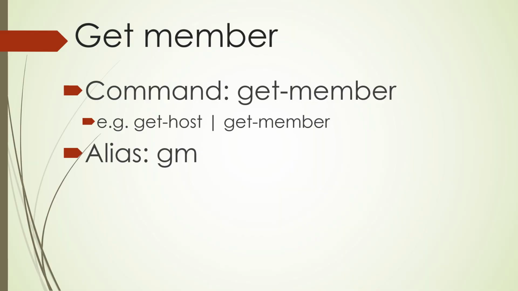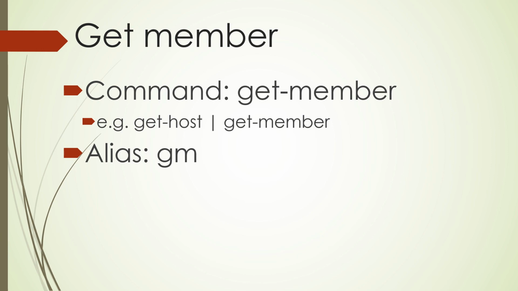Another useful commandlet I also included as part of the help system is Get-Member. Since the output from commandlets is an object, Get-Member can help you quickly find out which properties and methods are available.